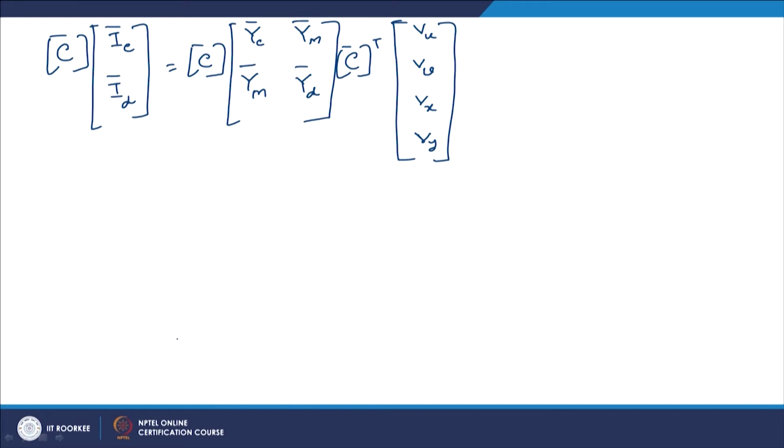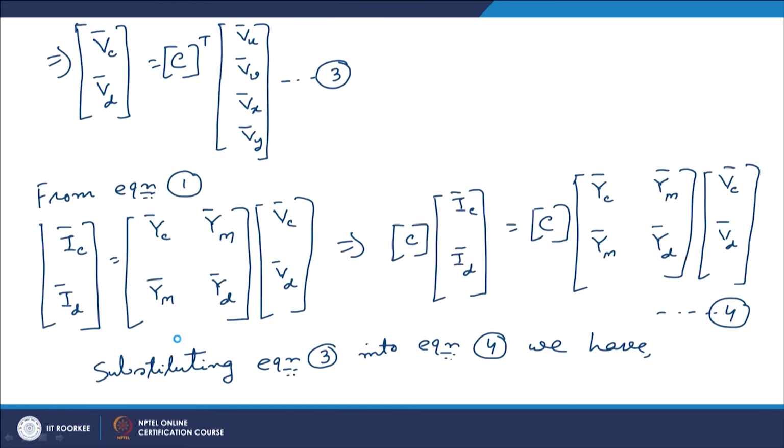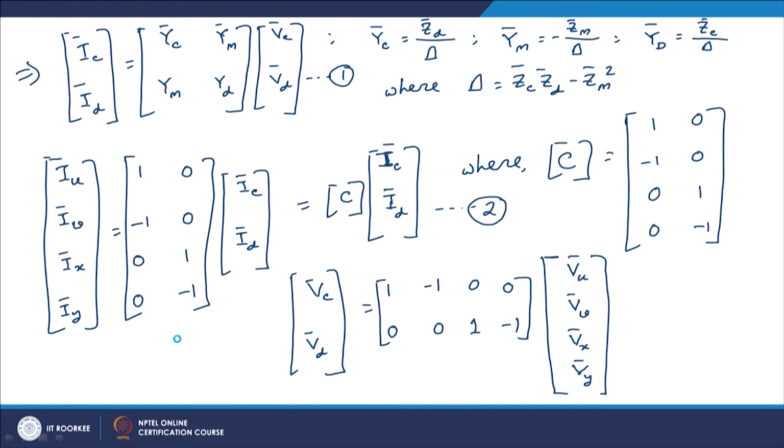Now, C into IC ID is nothing but IU, IV, Ix, Iy.